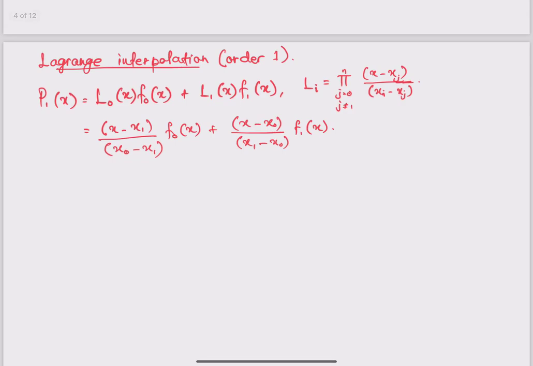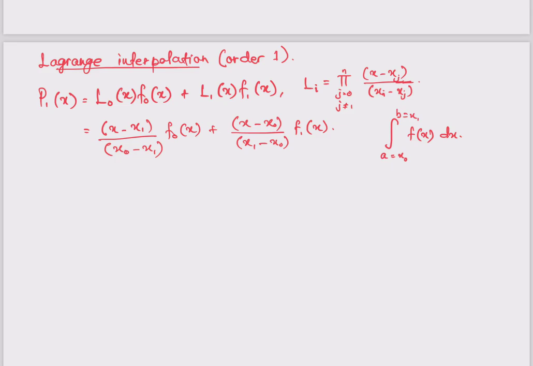And let's say now we want to evaluate the integral from a to b, where a is now x0 and b is now x1, of f(x) dx.